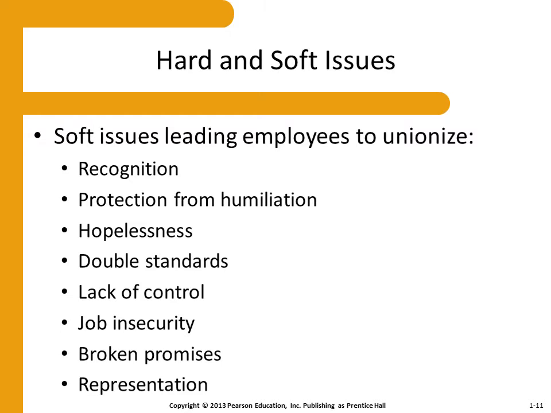So we talk about this idea of protection from humiliation. Some supervisors discipline or correct employees in the presence of their peers, and the humiliated employees can easily become a union organizer if that were to happen. We talk about the idea of hopelessness, that many employees, especially Generation X members, feel that they will never be promoted.